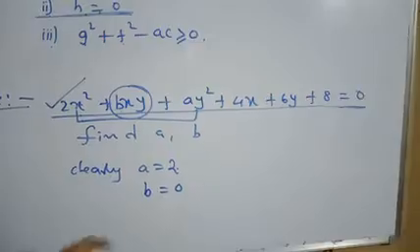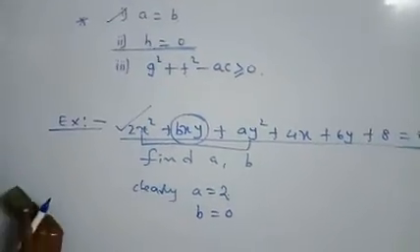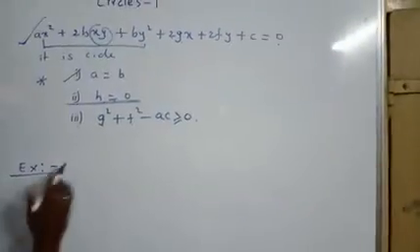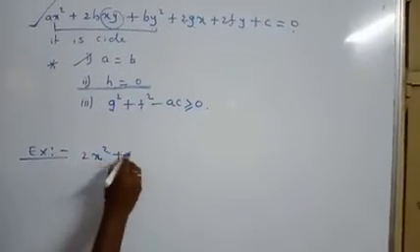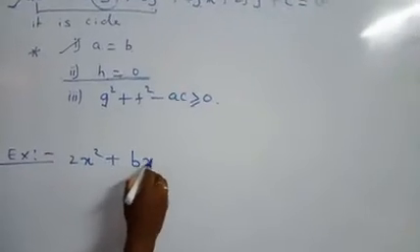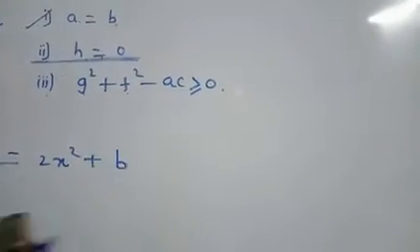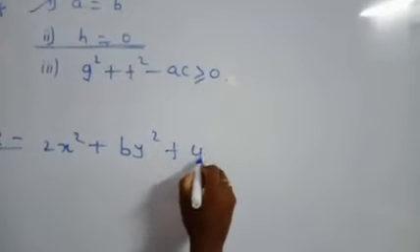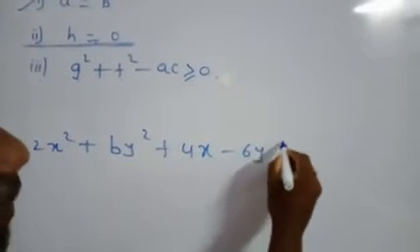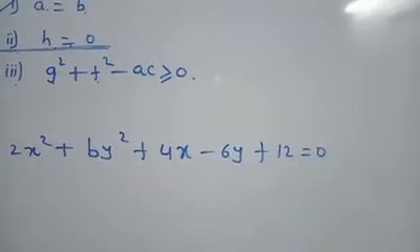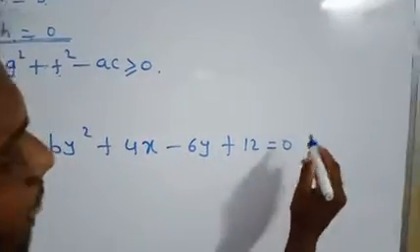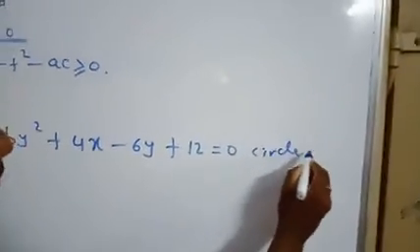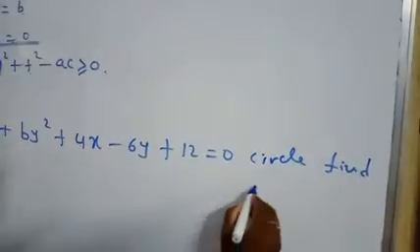Like that it is asked. For example, in another type of example: 2x² + by² + 4x − 6y + 12 = 0 represents a circle. Find the radius.